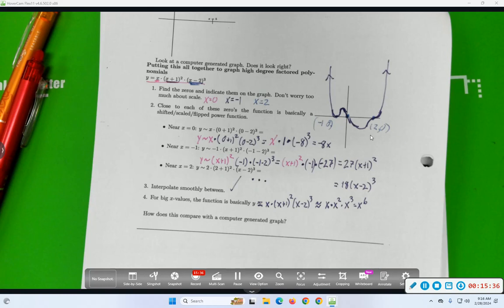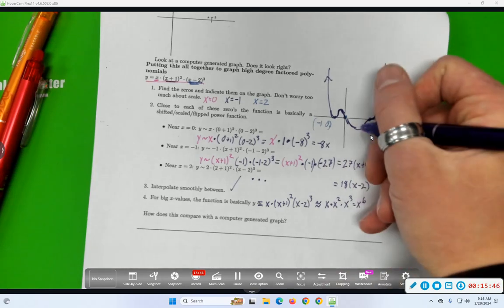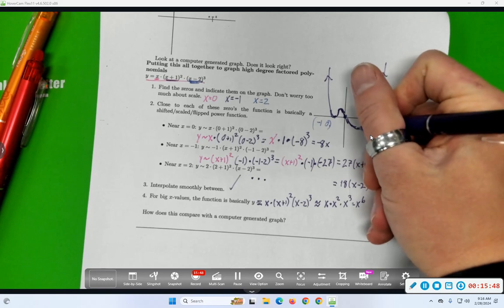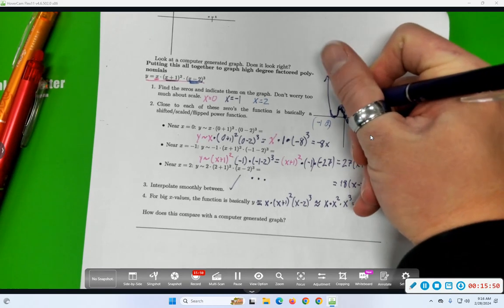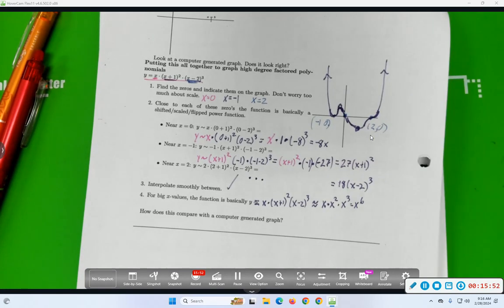Like one-ish, though I don't know if I would trust that so much because I wasn't careful about that. It's definitely somewhere between 0 and 2. You also see that I know for a fact there's a local maximum right here, somewhere between -1 and 0, because the graph shows there has to be.